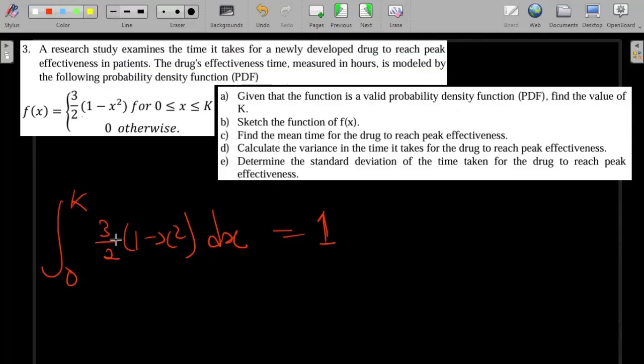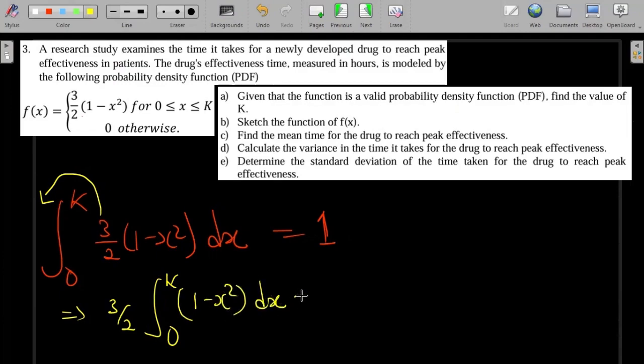By the laws of integrals, we can move the 3/2 to the front. So we have 3/2 times the integral from 0 to k of (1 minus x squared) dx, and this should be equal to 1. Let's integrate here. When we integrate 1, 1 is the same as 1 times x to the power 0.